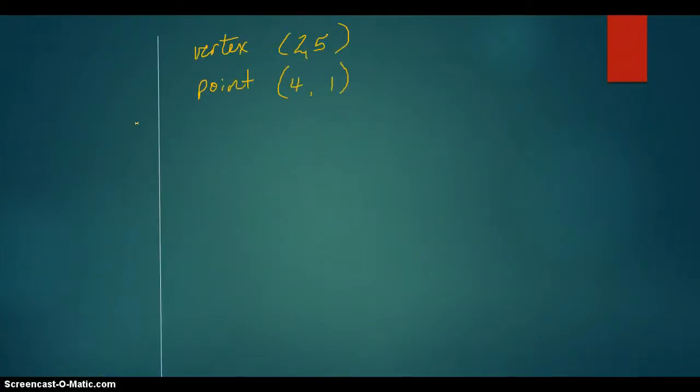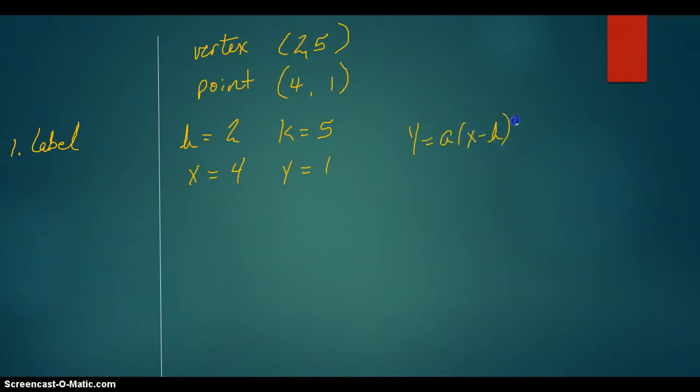Okay, I hope you were able to do this, and so we need to label what we have. So we've got H is 2, K is 5, X is 4, and Y is 1. And we are going to use Y equals A, X minus H squared plus K, because that's the vertex form of the parabola.